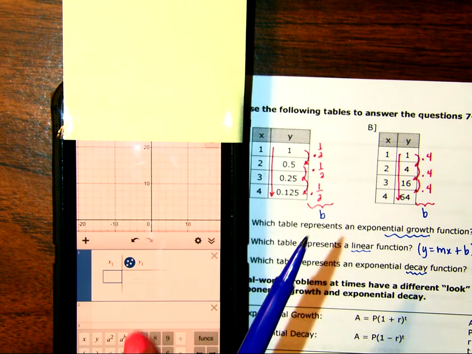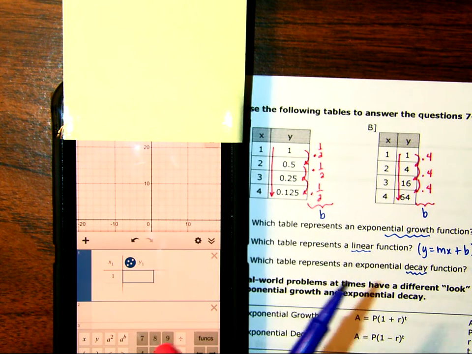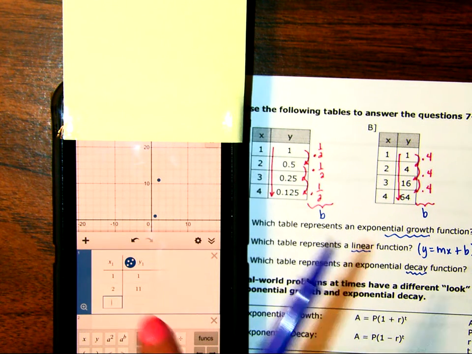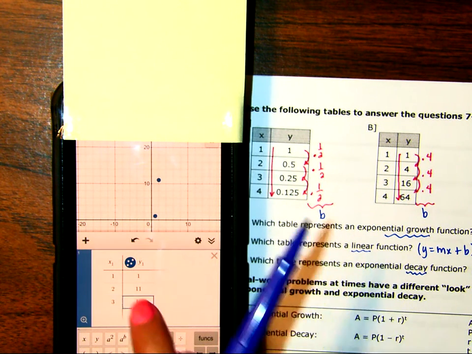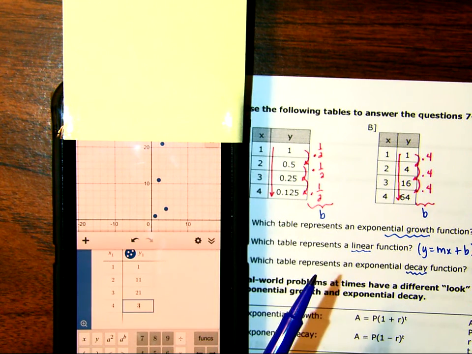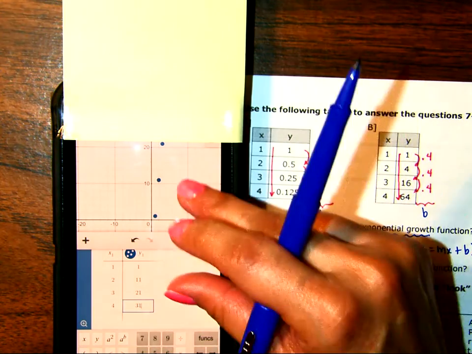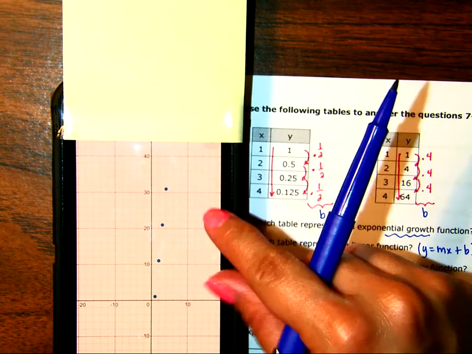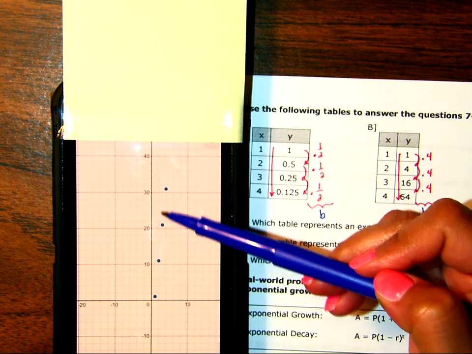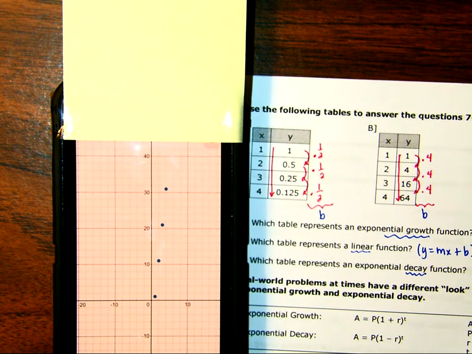Here's my table. I'm going to put 1, 1, 2, 11, 3, 21, and 4, 31. So I'm going to move this so you can see the entire thing. Look at that, straight. It has the same slope, 10 over 1, 10 over 1, 10 over 1. For sure it's a straight line.